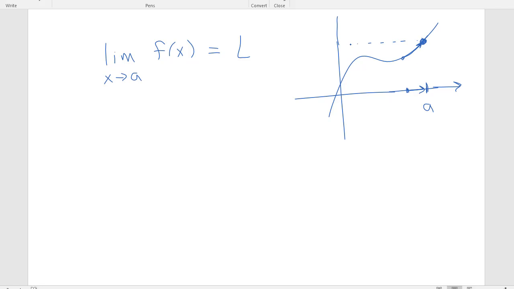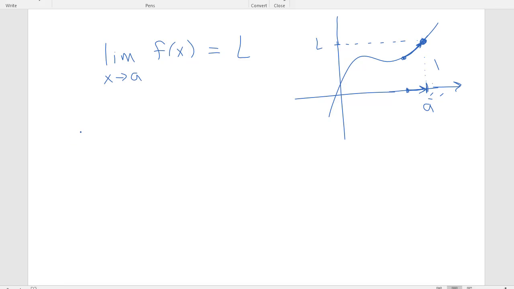Let's call that, with a dotted line, the number L. So here's our number A in the domain of our function. And so as x approaches A, the y's on the graph approach the value L. And that's what this expression is stating for us symbolically.